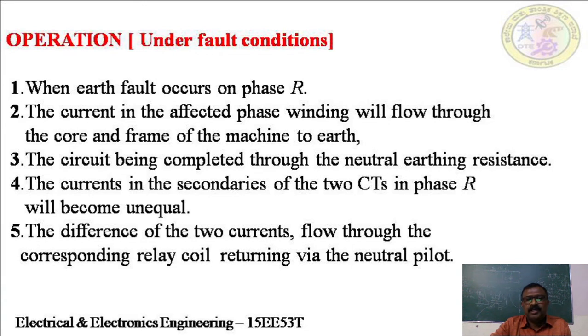The fourth point is, the currents in the secondaries of the two CTs in phase R will become unequal. Next point is, the difference of the two currents, that is the current entering and leaving, measured by using the 2 CTs in phase R, flows through the corresponding relay coil through the neutral point.